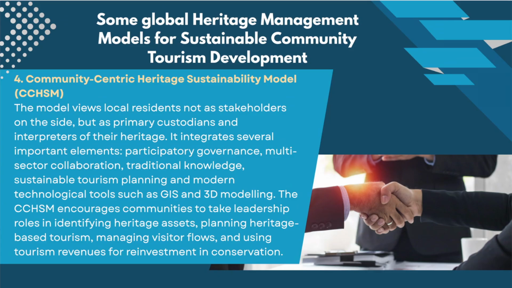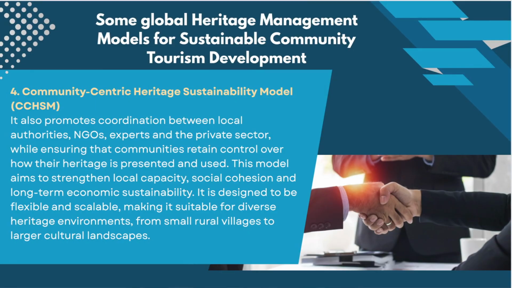The CCHSM encourages communities to take a leadership role in identifying heritage assets, planning heritage-based tourism, managing visitors' flow, and using tourism revenues to reinvest in conservation. It also promotes coordination between local authorities, NGOs, experts, and the private sector, while ensuring that communities retain control over how their heritage is presented and used.